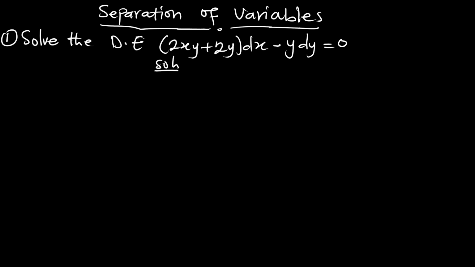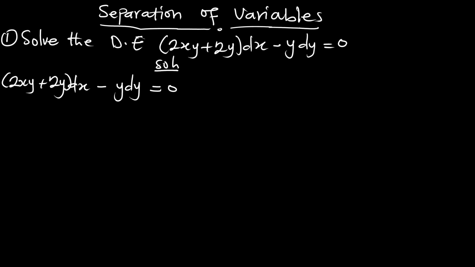So what do we do? Now we have to write down our equation. So our equation is (2xy + 2y) dx - y dy = 0.